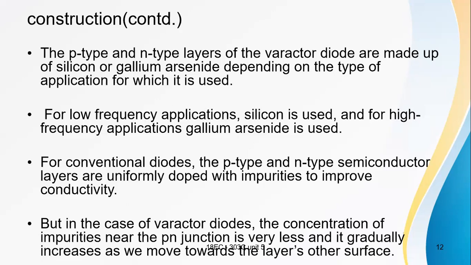But in the case of varactor diodes, the concentration of impurities near the p-n junction is very less, and it gradually increases as we move towards the layers of other surface.